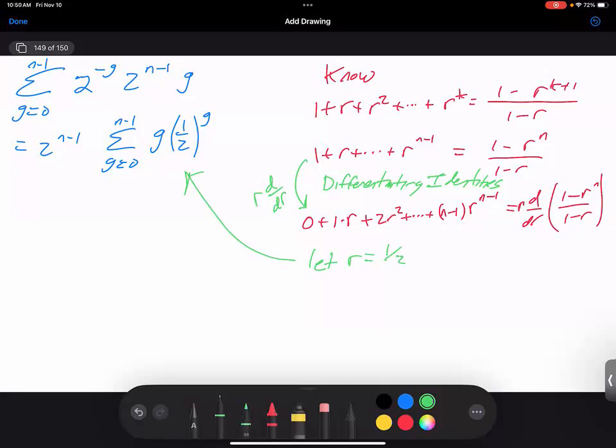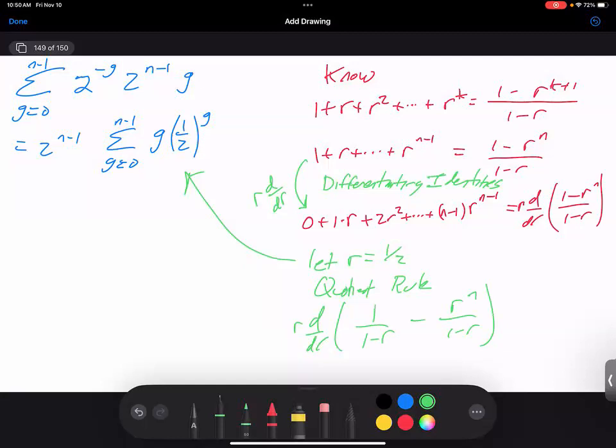So I would have to differentiate 1 minus r to the n over 1 minus r. How would we do that? Quotient rule. So we can now use the quotient rule. Now, one thing that you can notice is it's r d by dr. I can write this as 1 over 1 minus r minus r to the n over 1 minus r.